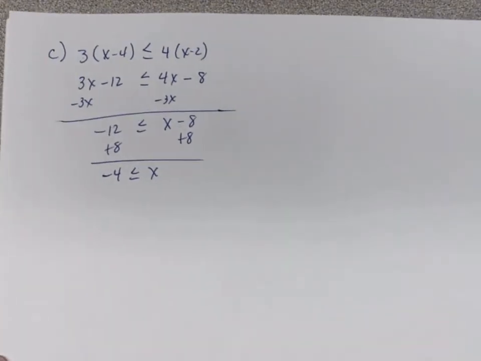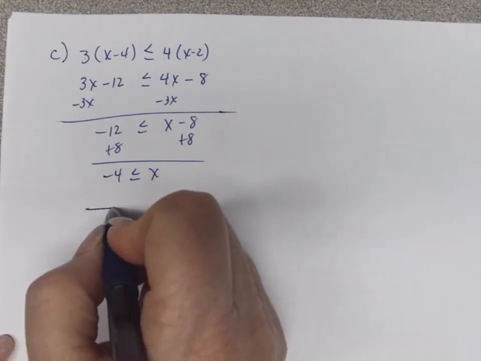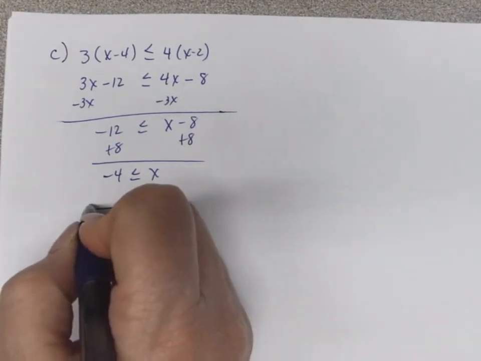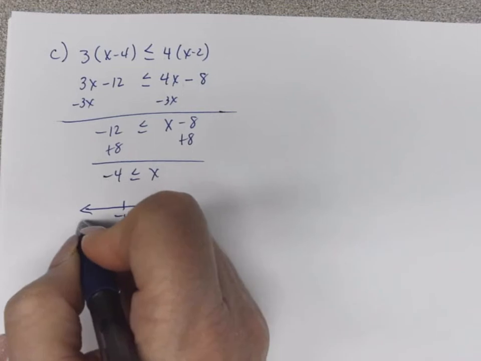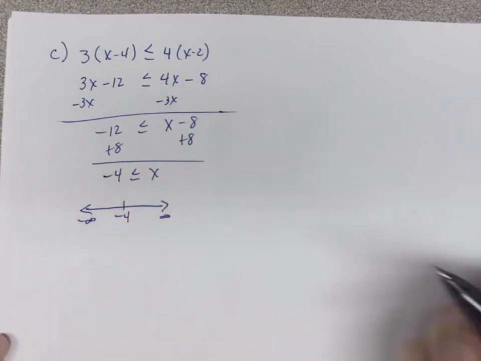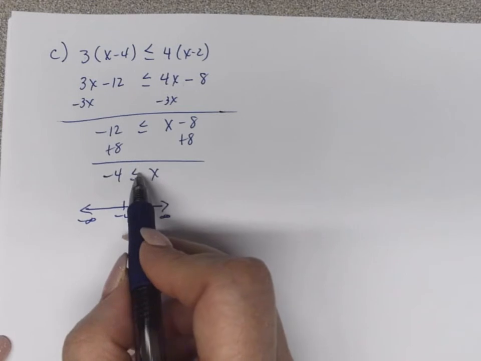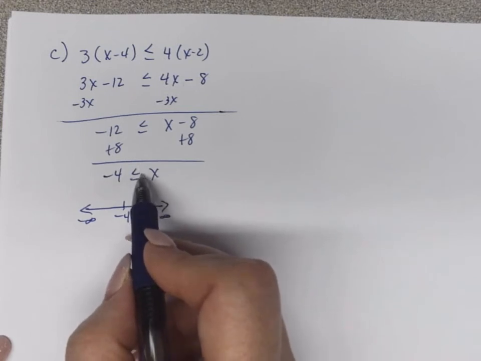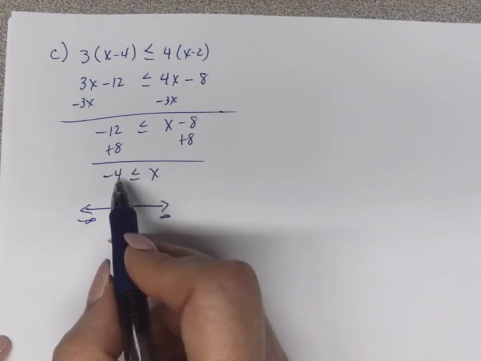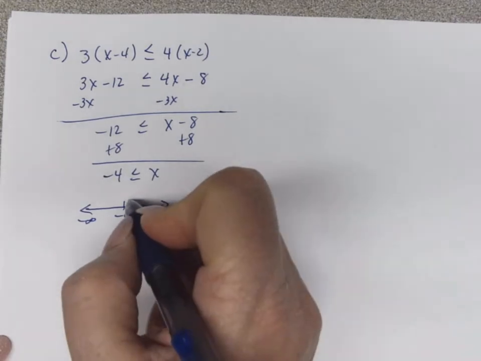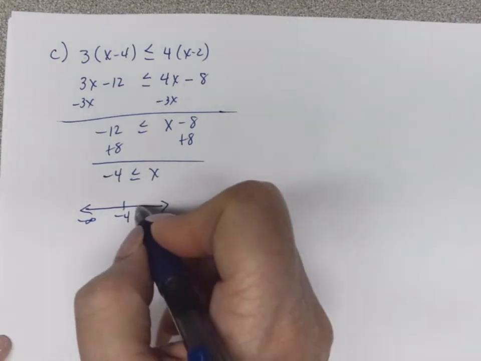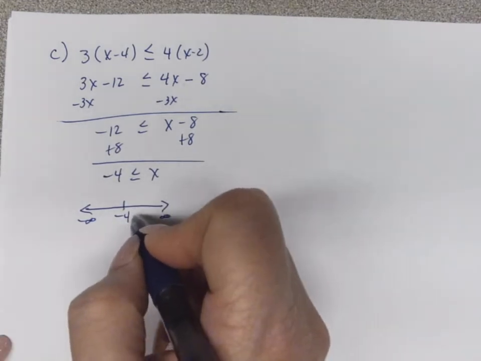So now looking at putting it on the number line, I need my negative 4 and my infinities. So x is greater than, because it's on the wider side, negative 4. So greater than is going to take us to the right.